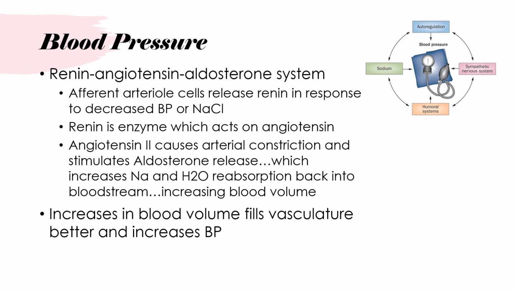Renin is an enzyme which acts on angiotensin. Angiotensin 2 causes arterial constriction and stimulates aldosterone release, which causes an increase in sodium and water reabsorption back into the bloodstream, which increases the blood volume. So in short, it increases blood volume, fills the vasculature better, and increases the blood pressure.